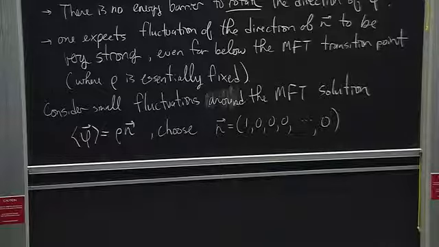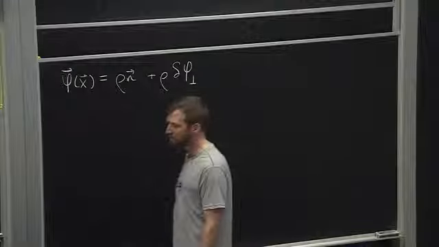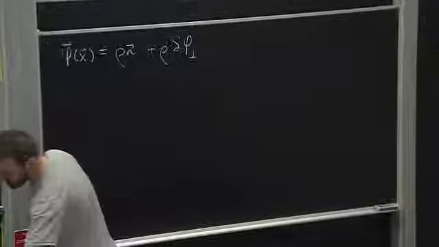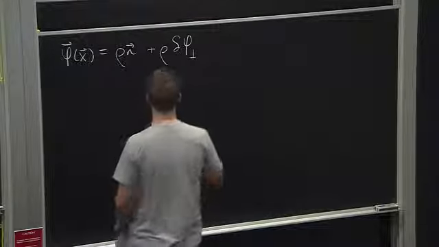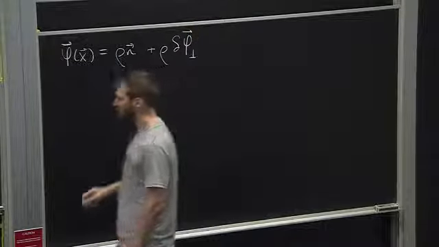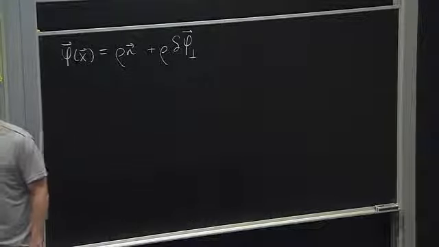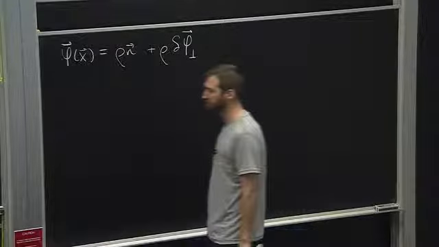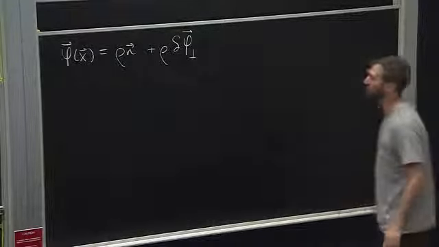And I'll write it like this: delta phi, and let's call it perpendicular. That should be a vector. So it's like the fluctuations in all these different directions that are 0.